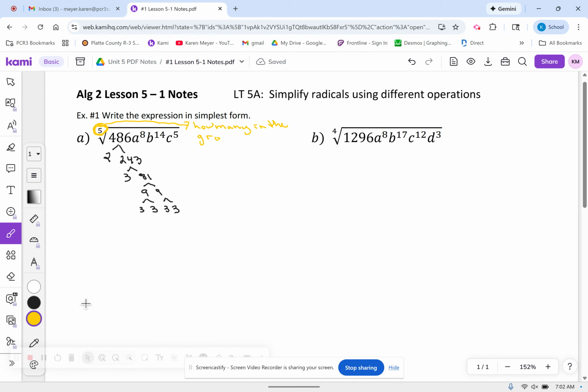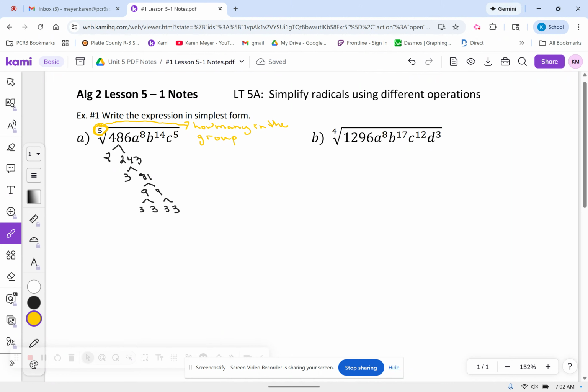So now we're looking for 5 of the same number. So no longer 2 of the same number, but 5 of the same number, because my index number is 5.